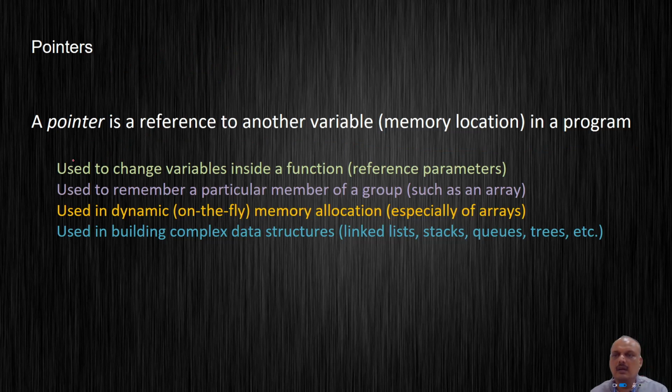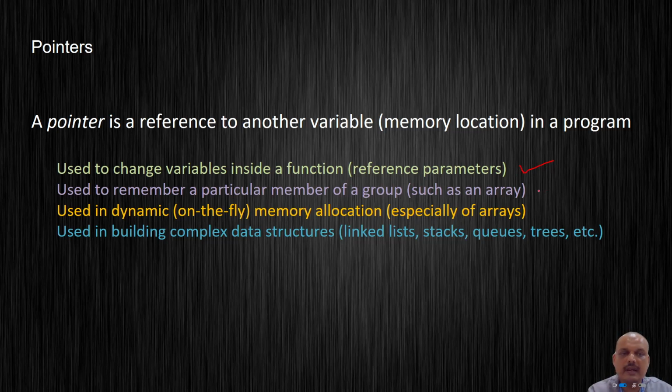Now why are pointers used? Why do I need this concept of pointers? Pointers find a lot of use, because if you want to change any value or any variable which is declared and defined outside the scope of the function, one needs to use a pointer.